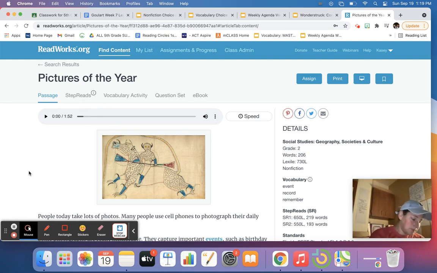So let's think about it. Let's say I think it's overall more about the Lakota tribe because I have 1, 2, 3 passage notes, summary notes about the Lakota tribe and only one just about pictures.